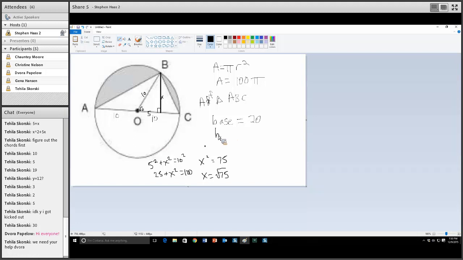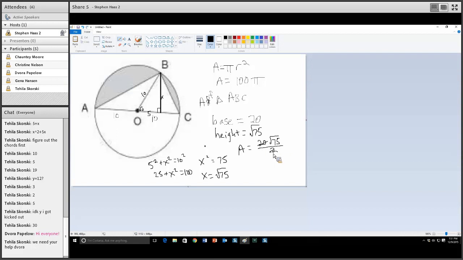So instead, we figured out that the height was the square root of 75 using the Pythagorean theorem. Okay, so we know that the area is the base times the height divided by 2: 20 times the square root of 75, divided by 2.